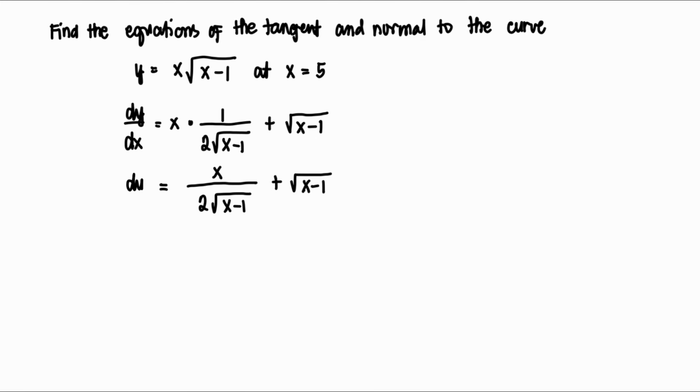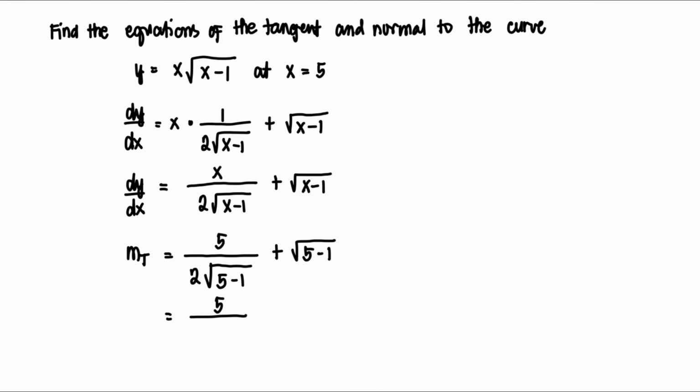That's our dy/dx. So therefore, the slope of the tangent line is equal to, substitute x here in these values right here. So 5 divided by 2 square root of 5 minus 1, plus the square root of 5 minus 1.